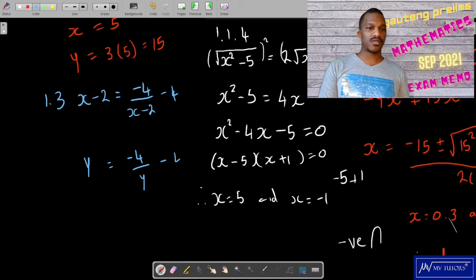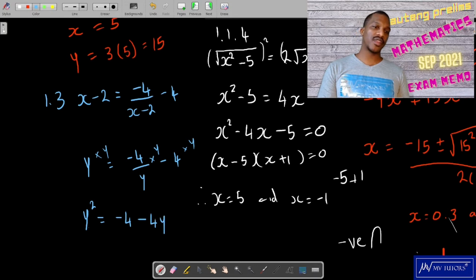And that's minus 4. First of all, I want to get rid of this fraction. I don't like it. So we multiply everything by y, just so that we can get rid of it. Everything must be multiplied by y. So y times y is y squared is equal to minus 4, and this one is going to be minus 4y.